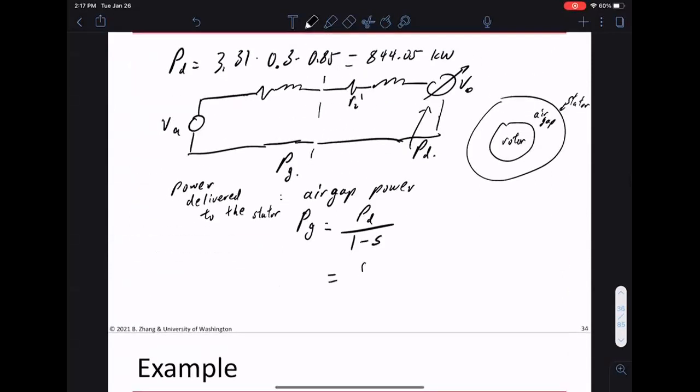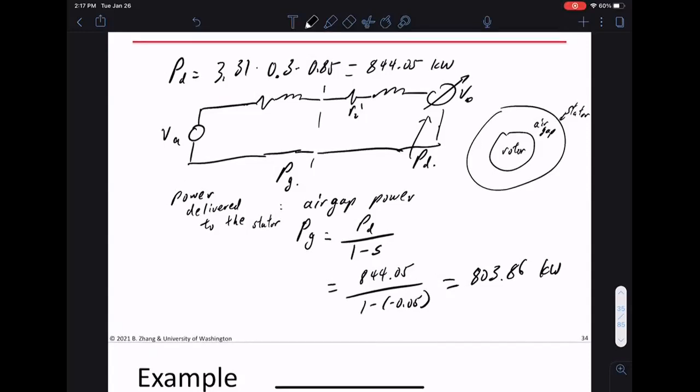So this is 844.05 over 1 minus 0.05. Combining them together, we get 803.86 kilowatts. I lost some power going through this R2 prime resistor, so I delivered 803.86 kilowatts of power to the stator.